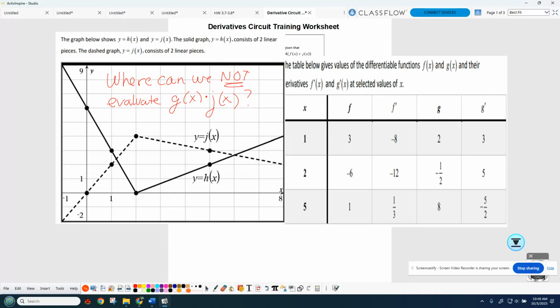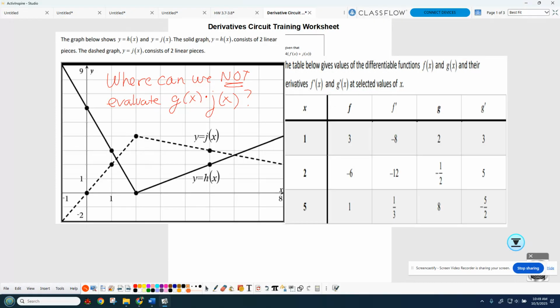And I just wrote a question that's not on there, but where am I not allowed to evaluate the derivative of g of x times j of x? X equals 2, because it's negative. I don't disagree with you, but why? Because those are corners?